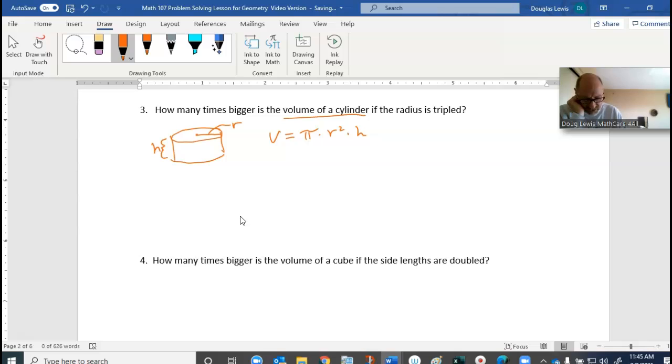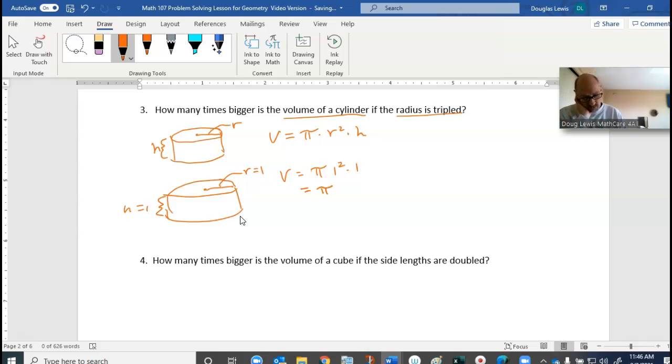Let's say the radius equals 1 and the height equals 1. The volume of a cylinder with a radius of 1 and a height of 1 would just be pi.